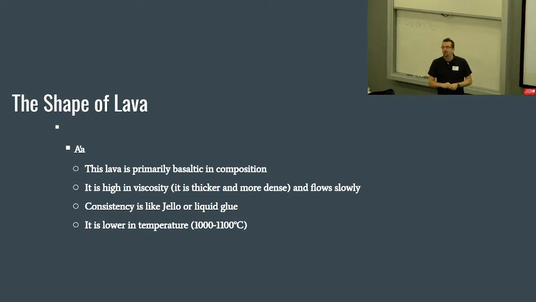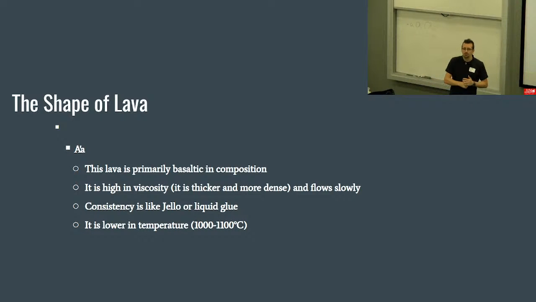These are words that were coined by people in Hawaii, okay? The aa is lava that is basaltic in composition. So it has high viscosity. High viscosity. So therefore, it is thick, right? It even says here, it's like jello. So imagine trying to get jello to move through something. It would move slowly.